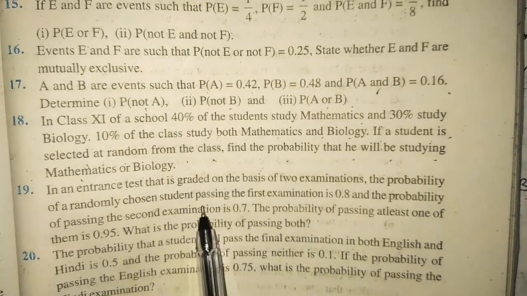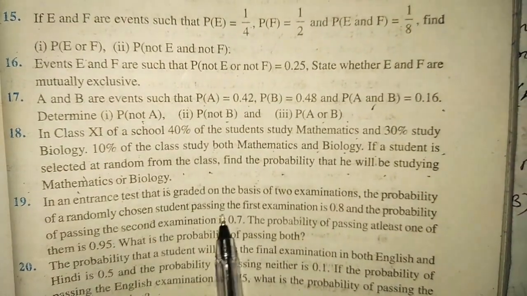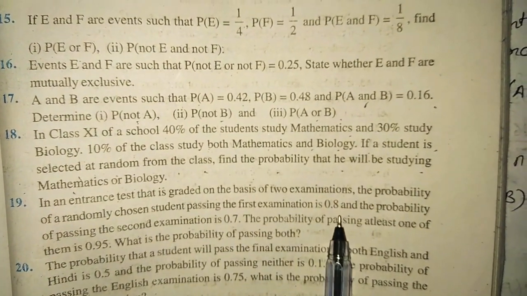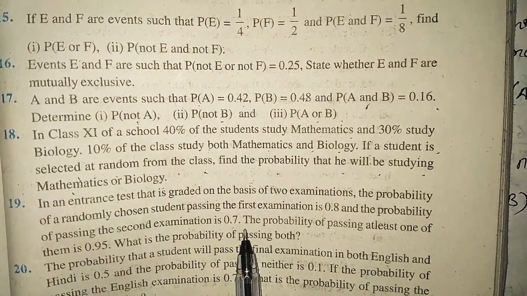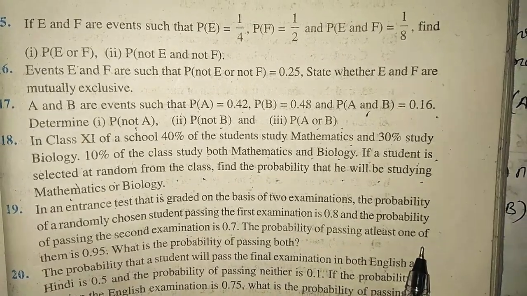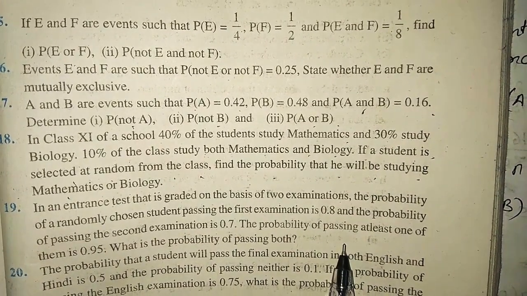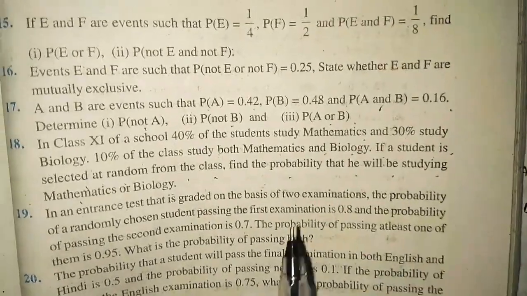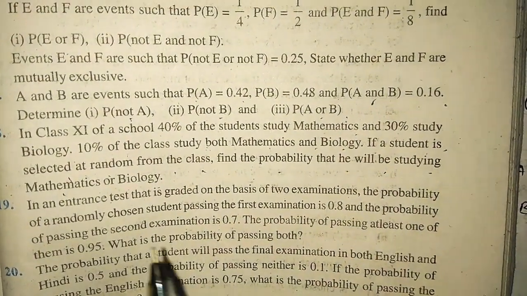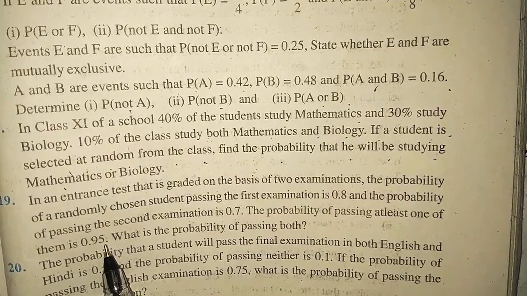A chosen student passing the first examination 0.8, and the probability of passing the second examination is 0.7. And the probability of passing at least one of them, at least one means union, either A and B, either he will pass the first or the second or both, its probability is 0.95.